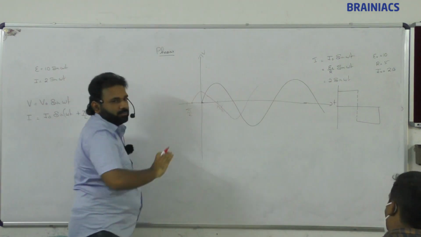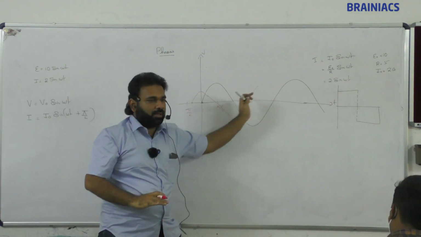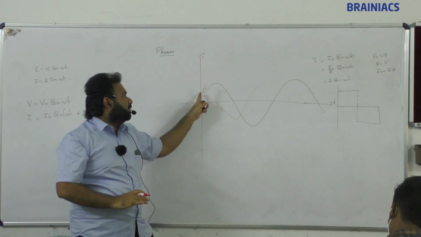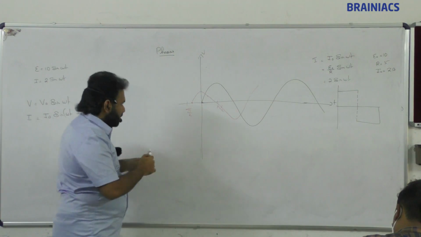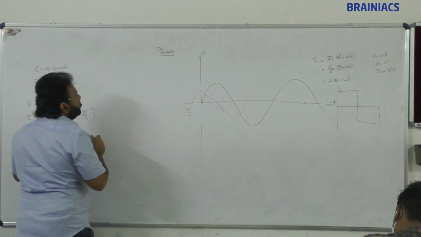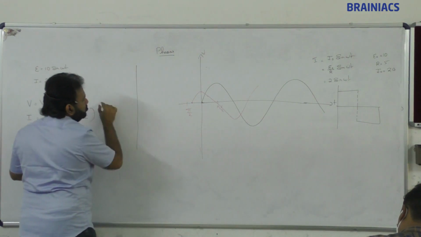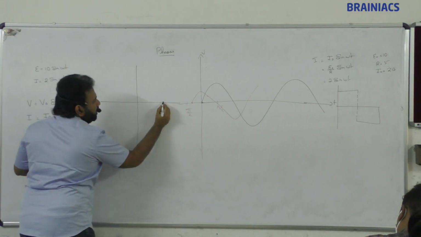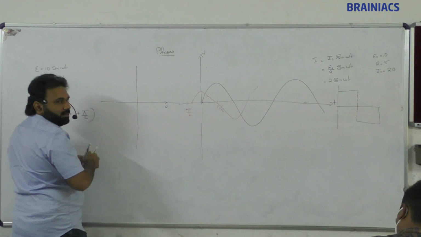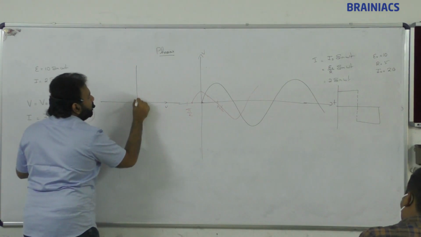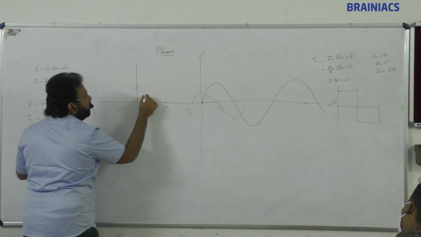Okay, likewise. The remaining I am not drawing, just understand that. Suppose I need to draw its phasor, whenever voltage is here, the current will be leading by pi by 2.